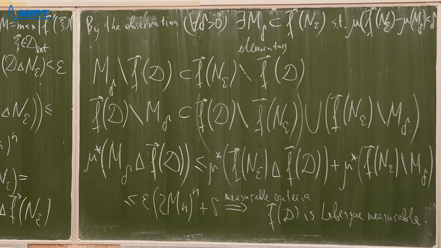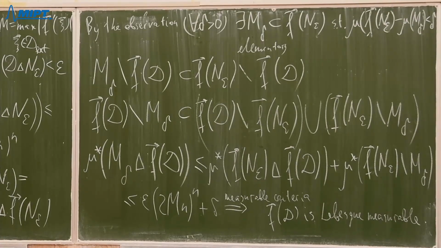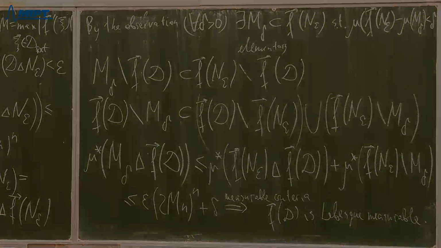That's it. Okay. We finish the proof of this main property for this section. So you see that a diffeomorphism preserves measurable sets.